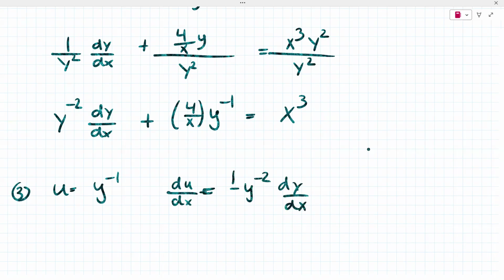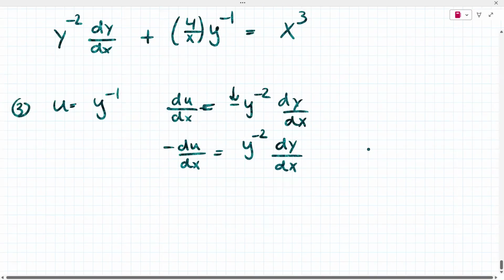Now, if you want, you could put this minus in front of the du/dx, so negative du/dx equals positive y to the negative 2 dy/dx. Then you may substitute: you're going to substitute y to the negative 2 dy/dx with negative du/dx. Then you're going to substitute y to the negative 1 with u. Okay?